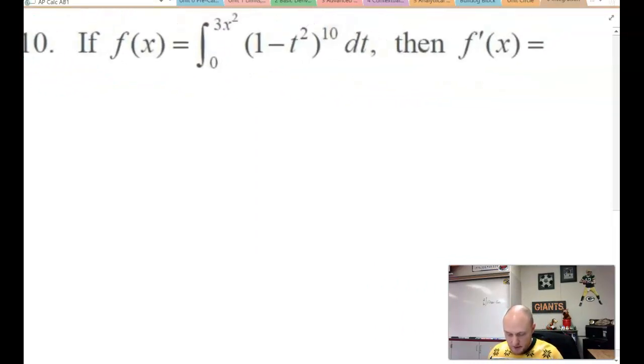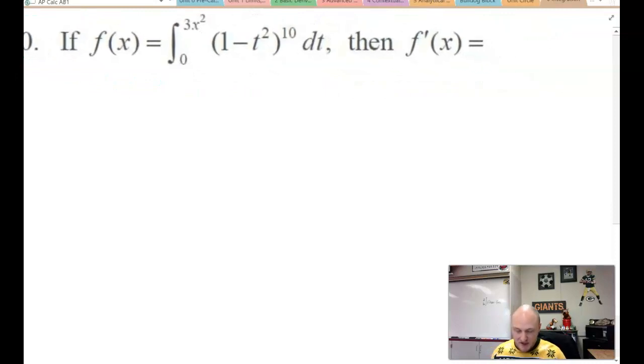All right, next example here. Here's the same problem, just rewritten in a different format. They say if f of x is equal to the integral from 0 to 3x squared of (1 minus t squared) to the power of 10 dt, then what's f prime of x? They're essentially asking what's the derivative of that integral, so it's the same exact format. I'm just going to plug in the bounds.